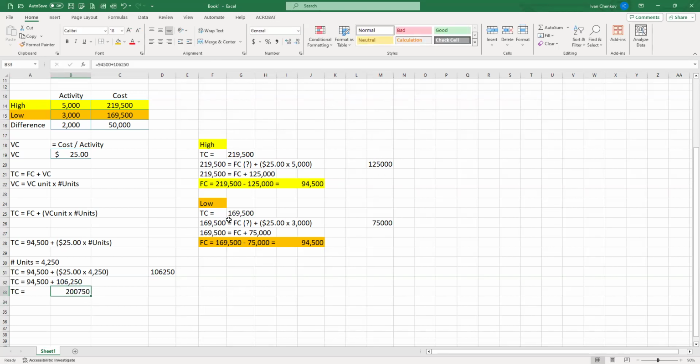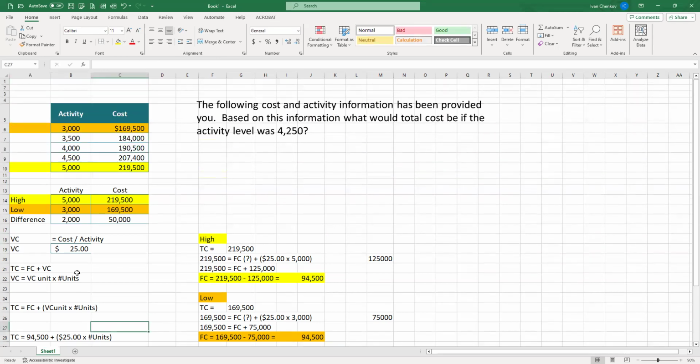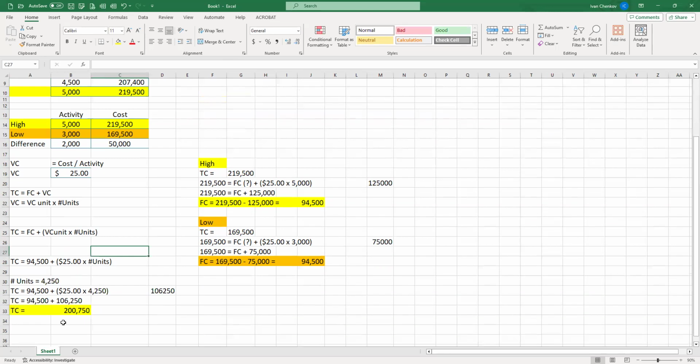Now the question is, do we have this as an answer? Let's check our solutions on the slides. Which answer will that be? Once we calculate our total cost, let's move now to the slides. We don't need this Excel spreadsheet anymore.